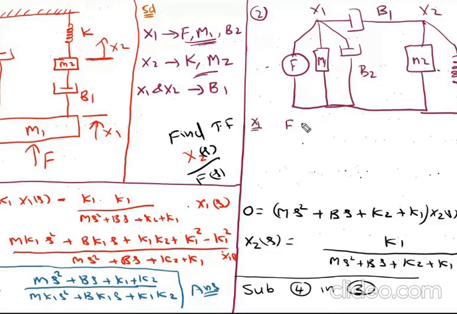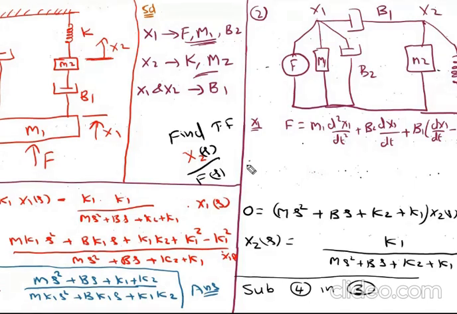Input force F is equal to m1 d square x1 by dt square plus b2 into dx1 by dt plus b1 into, as you are writing with respect to x1, dx1 by dt minus dx2 by dt.